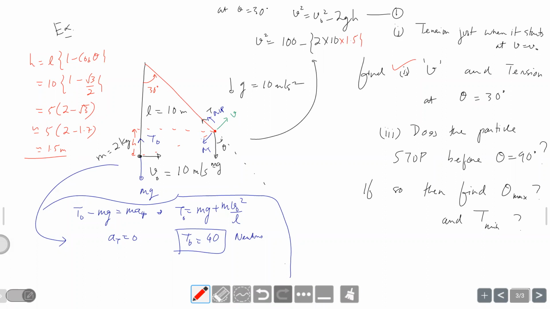So you can leave it in terms of root 3. So my V is coming out to be root 70 approximately. So that is the V at this point.